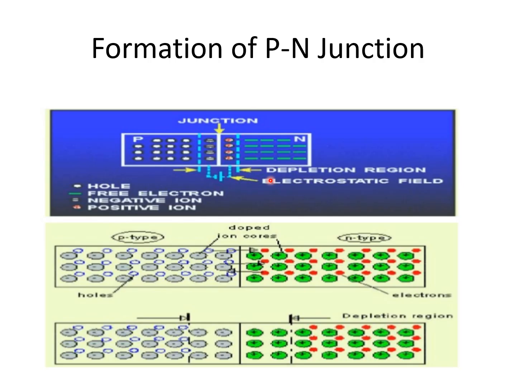So in the next class we will see the biasing. I told you that we apply an external field. How we can apply that field is called biasing. So we will see the forward bias, reverse bias and open circuit, everything, and what is the relation between the current and the voltage in the PN junction diode.